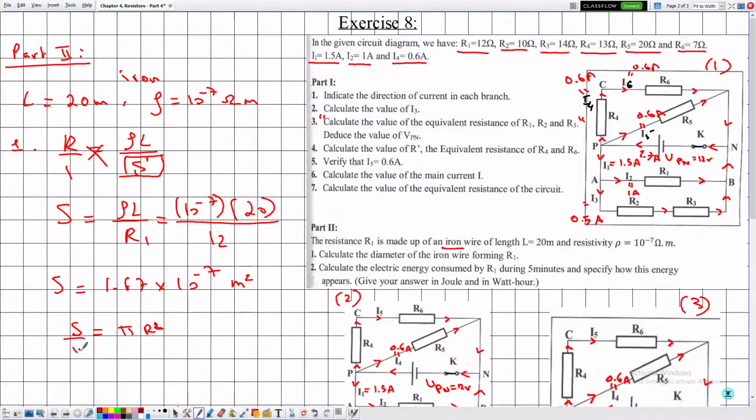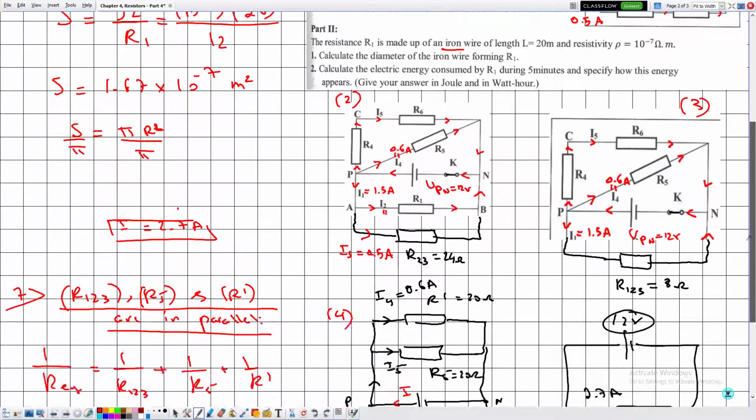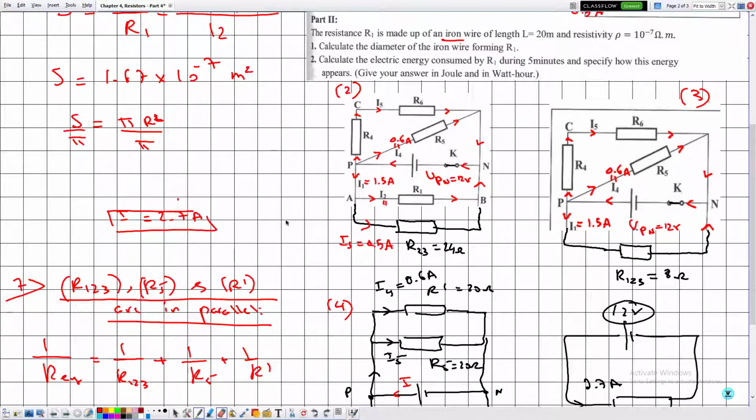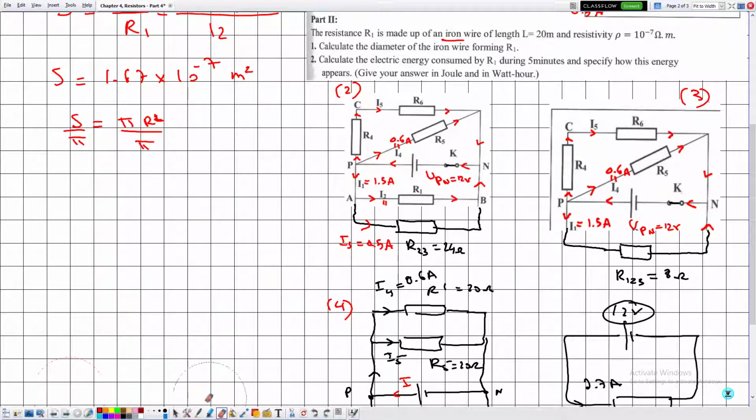So now dividing both sides by pi, we know that S over pi is equal to r square. So r square is equal to S divided by pi.